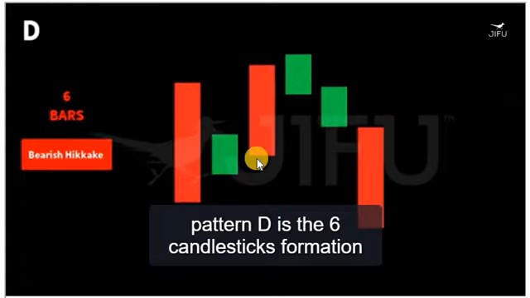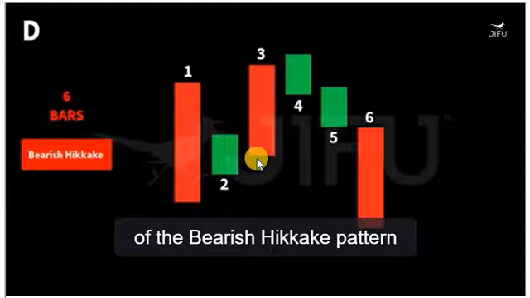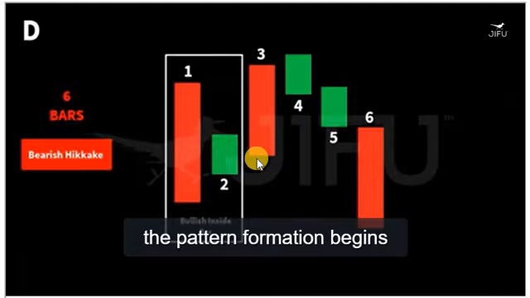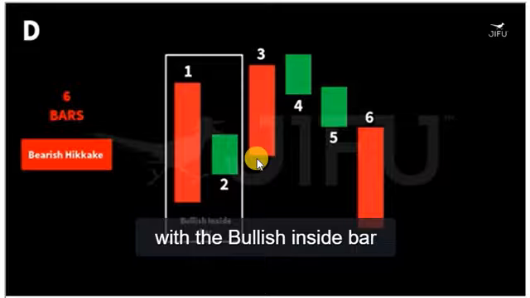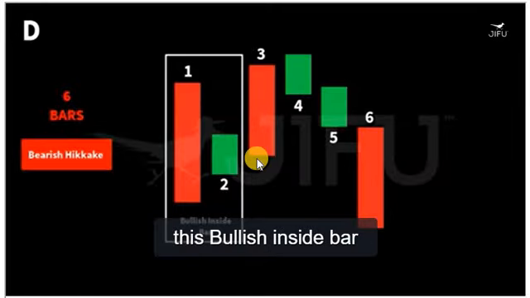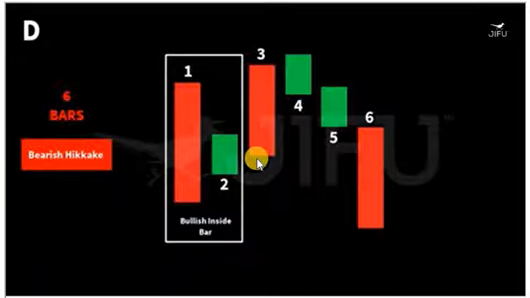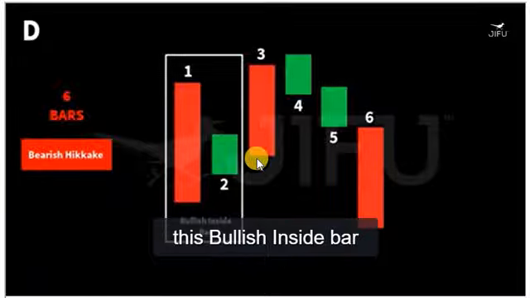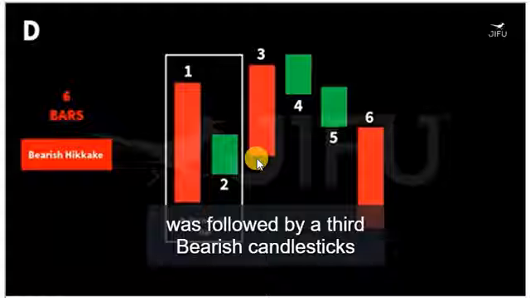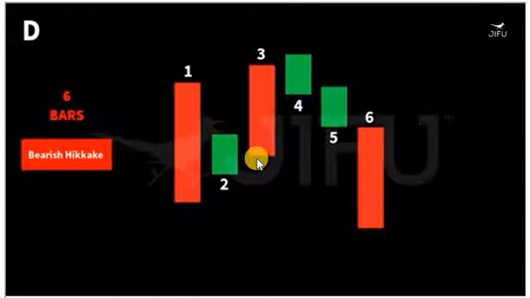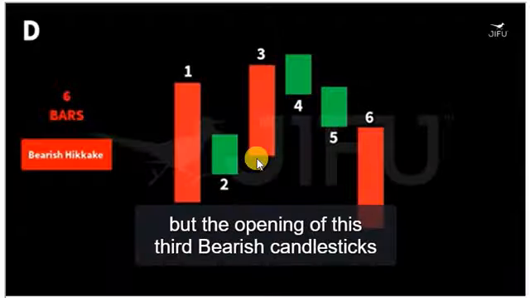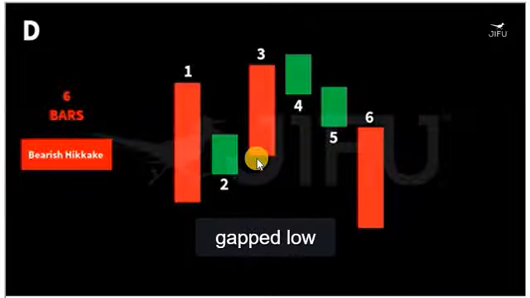Pattern D is the 6 candlesticks formation of the bearish Hikaki pattern. The pattern formation begins with the bullish inside bar. This bullish inside bar deceived traders to buy. This bullish inside bar was followed by a third bearish candlestick, but the opening of this third bearish candlestick gapped low.